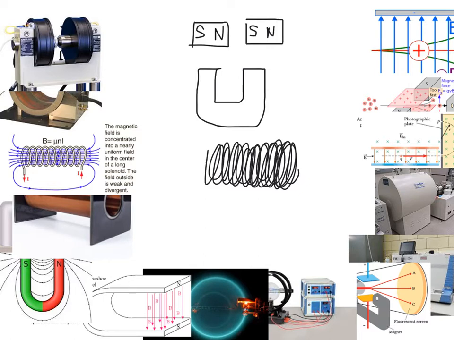And since we're not in class and I can't show you real things, I'm going to have to show you pictures of things. But the first way to create a uniform magnetic field is to take 2 magnets and put them opposite poles close together, and the field lines leaving the North Pole will go into the South Pole.